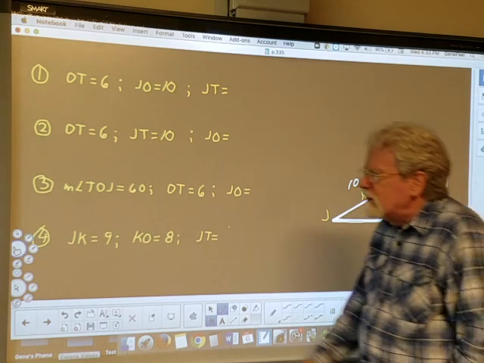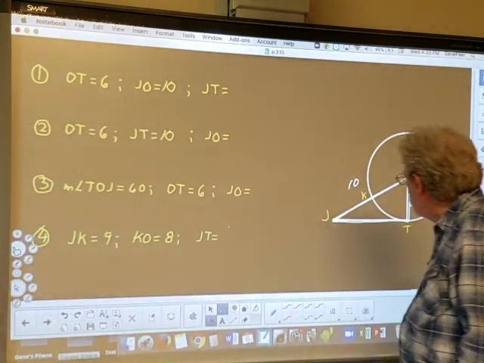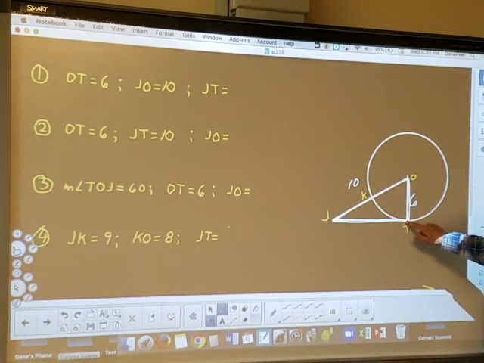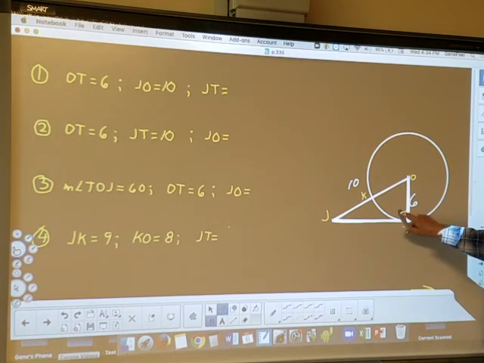But they didn't have to, because the instructions say that JT is tangent to circle O. And we have a theorem that says if a line or a segment is tangent to a circle at the end of its radius, or if we have a radius that meets the circle at a tangent point, then this will be a right angle. Therefore, we do have a right triangle.